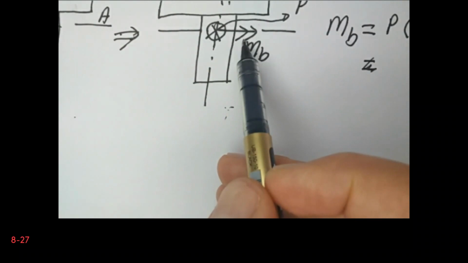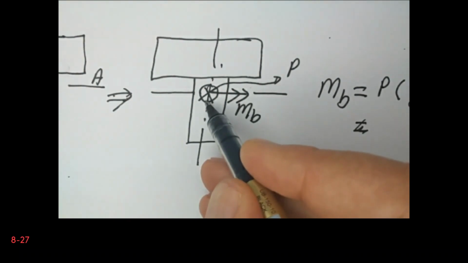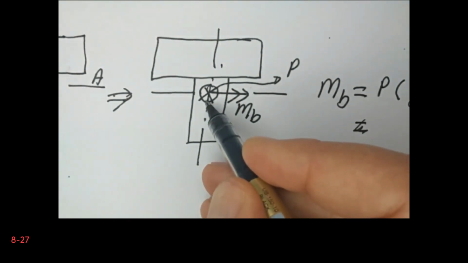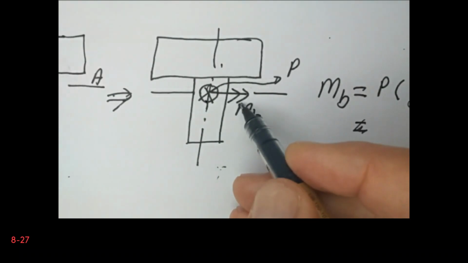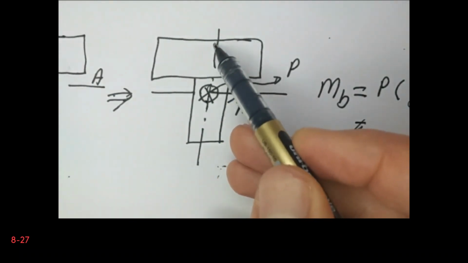Since this force will generate a compressive stress, because it is towards the cross section, and this will generate tension here and compression at this point.